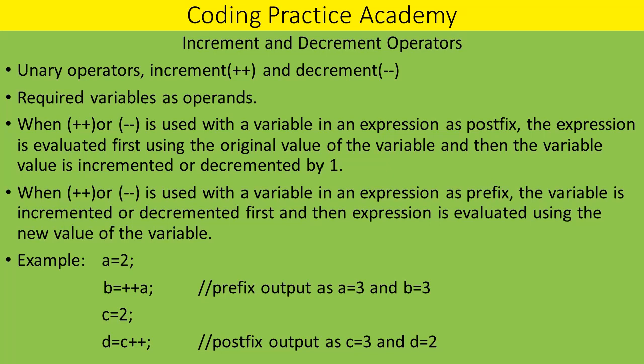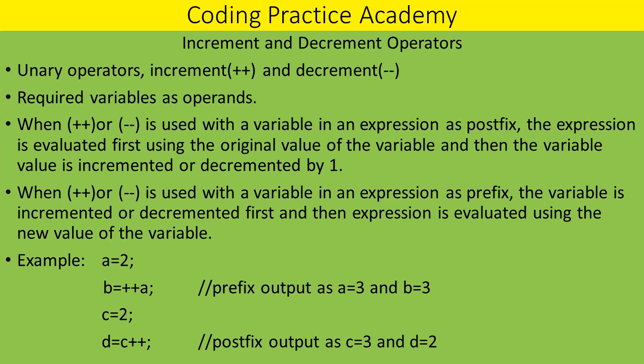The definition of prefix says the variable is incremented or decremented first, and then the expression is evaluated using the new value of the variable. So initially a equals 2. Now as per definition a becomes 3 because the value of the variable is incremented first. So it is now 3. The 3 value is assigned to b. That's why a equals 3 and b equals 3.